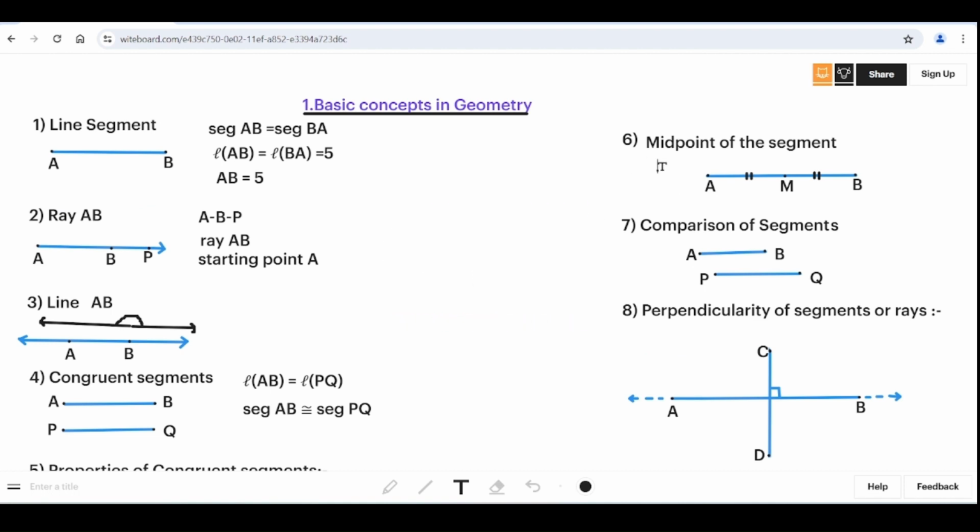Now, the next concept is the midpoint of a segment. Now say we are having three points A, M and B, such that they are in one line, that we can say betweenness.